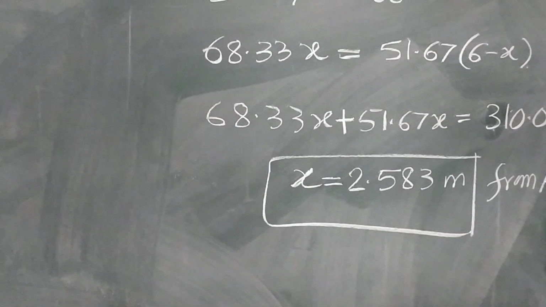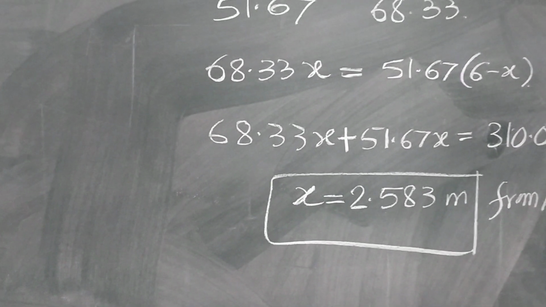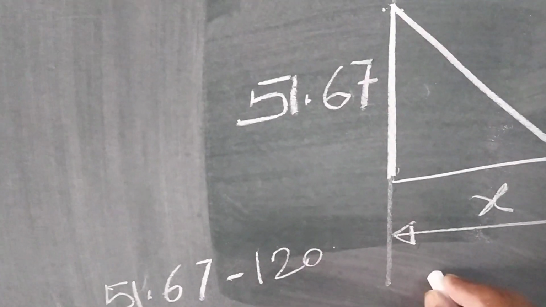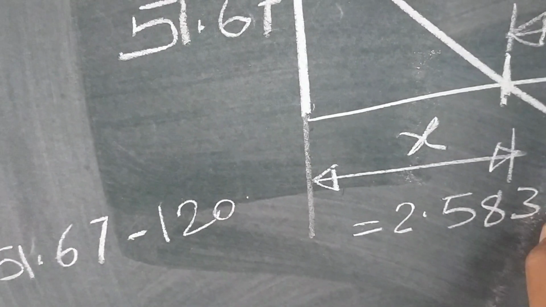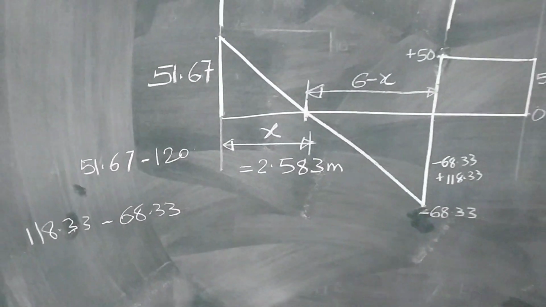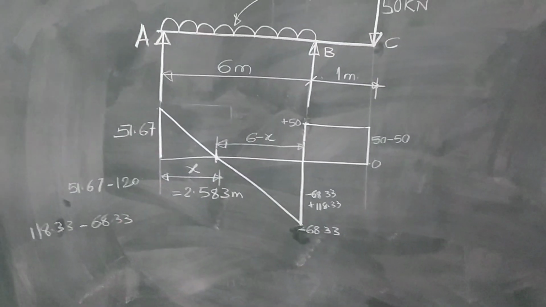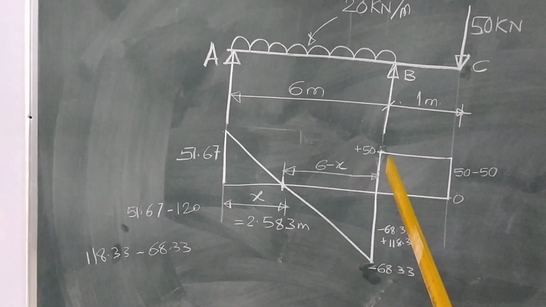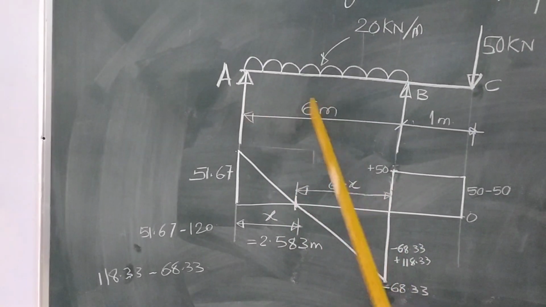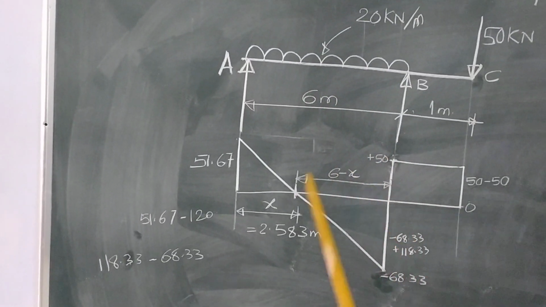That means we have calculated that the point of contraflexure lies at 2.583 meter. Simple logic says that x must be more than 0 and less than 6, because it lies within the 6 meter span.